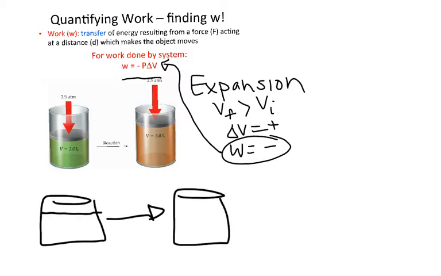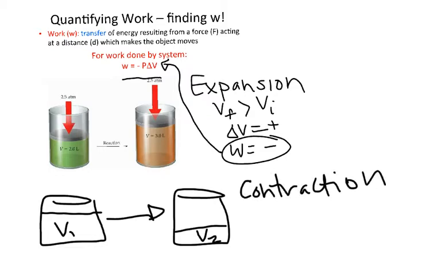Let's consider the other condition. You have volume 1 and then volume 2. This is contraction. In this case, the final volume, which is volume 2, is less than the initial volume. This will make the change in volume sign negative, because V final is less than V initial. The overall result on work is that work is positive, because a negative number times a negative number is a positive number.